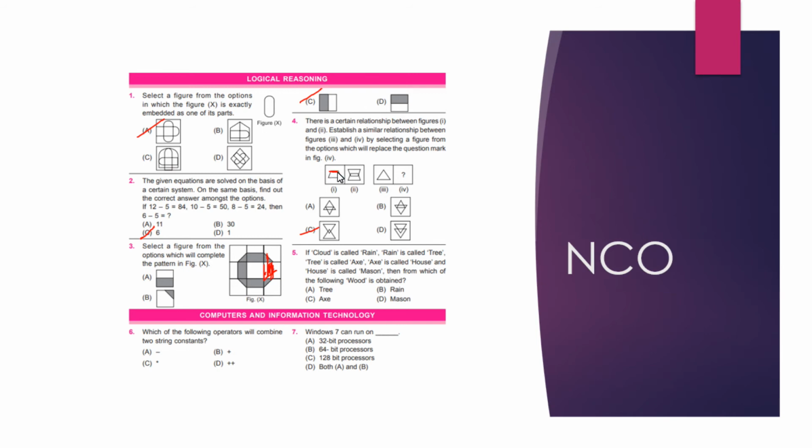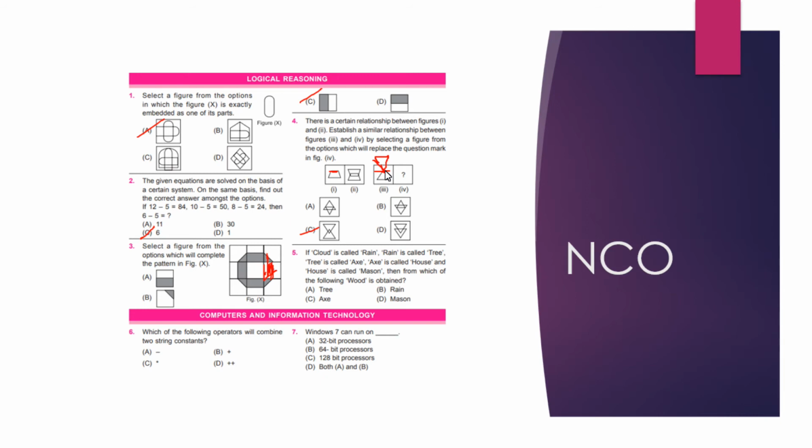This is called a base. The top part of the figure meets together. So only the point on the triangle, the top vertex on the triangle, meets. Therefore, it's option C.